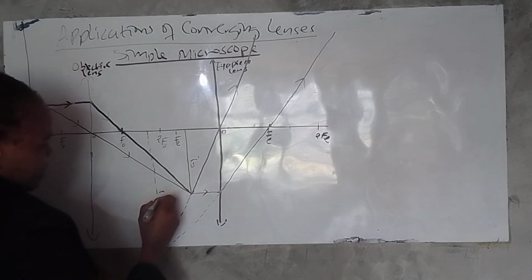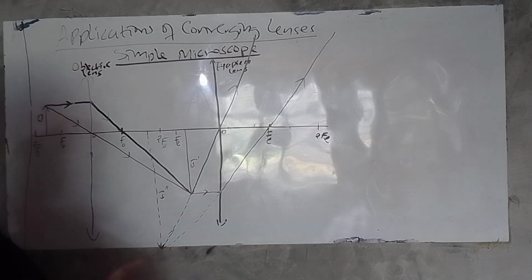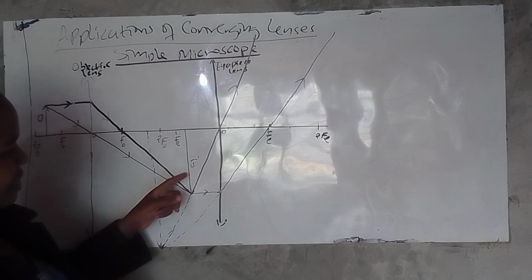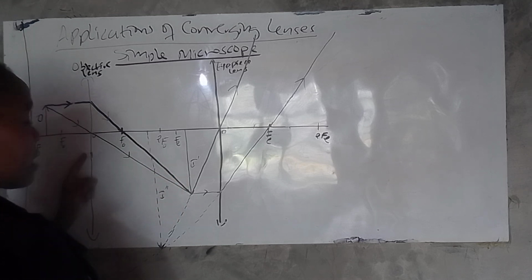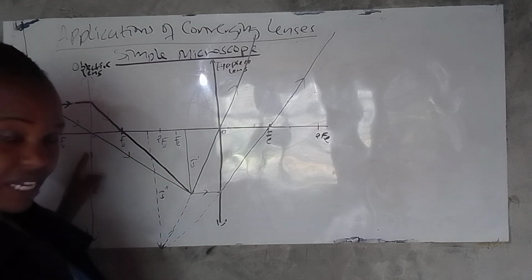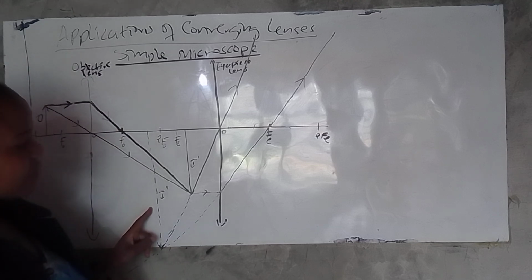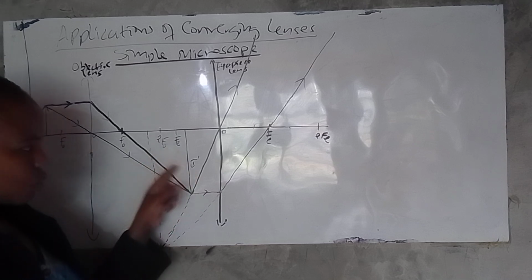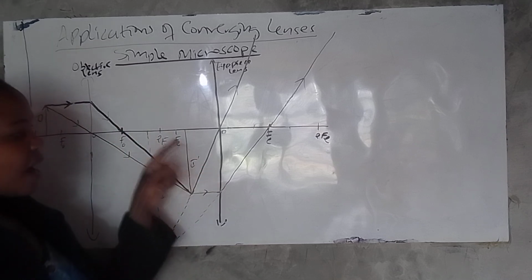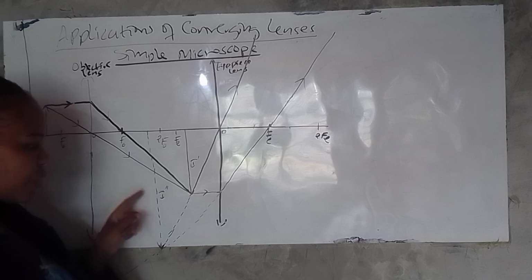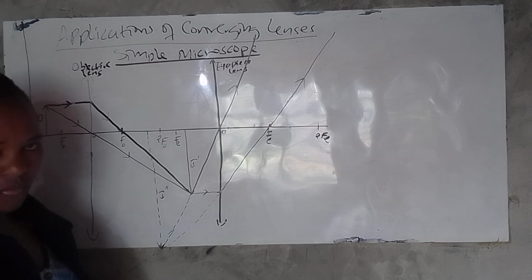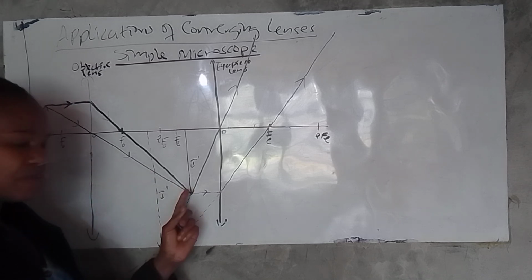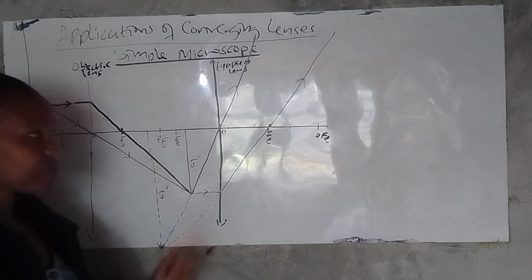This image here is I prime prime. So I've formed two images. The first image is the image due to the objective lens, and the second image is the image of the first image, which is the object to the eyepiece, and the second image is virtual and magnified, bigger than the first image, which is the object to the eyepiece.